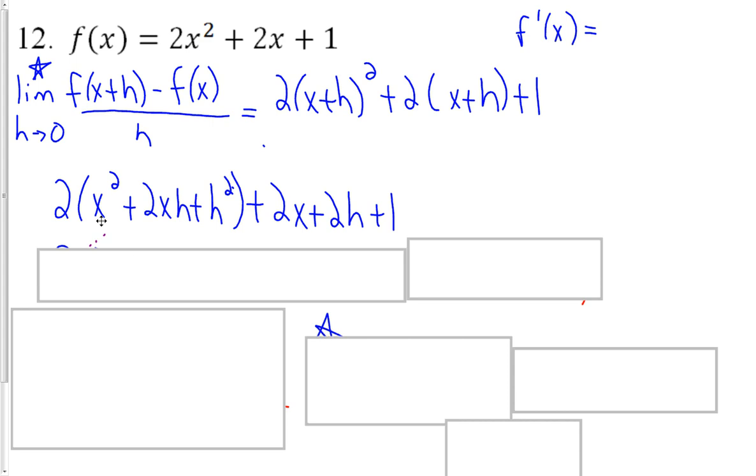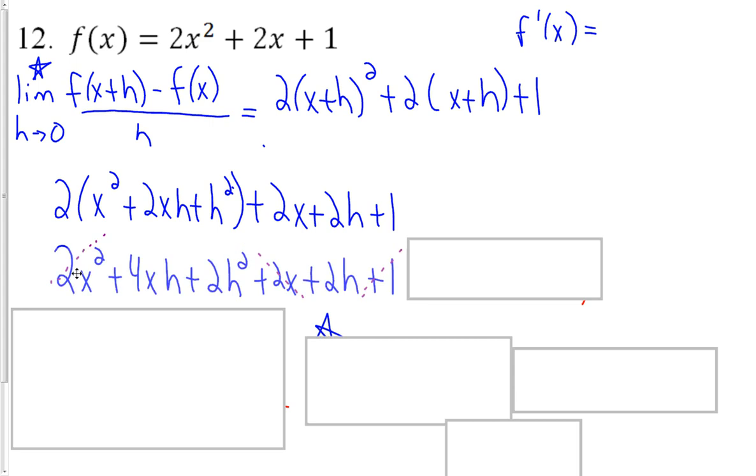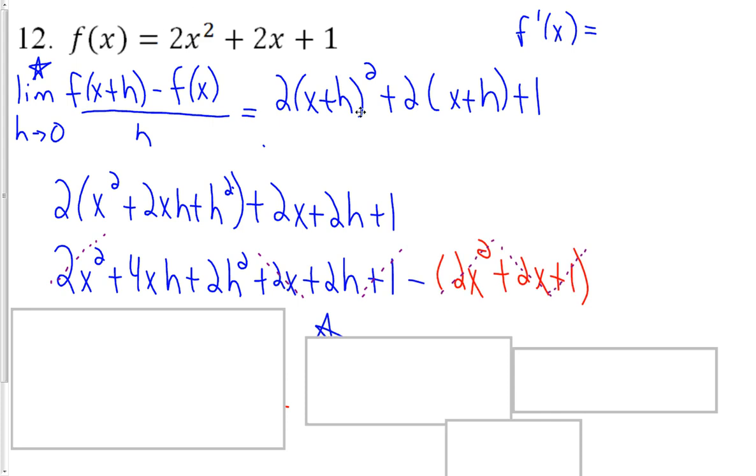Next, distributing the 2, x squared plus 2xh plus h squared becomes 2x squared plus 4xh plus 2h squared, and then plus 2x plus 2h plus 1. And then that was just the f of x plus h part. Now we're subtracting the original, so minus 2x squared plus 2x plus 1. Notice these will always cancel out.